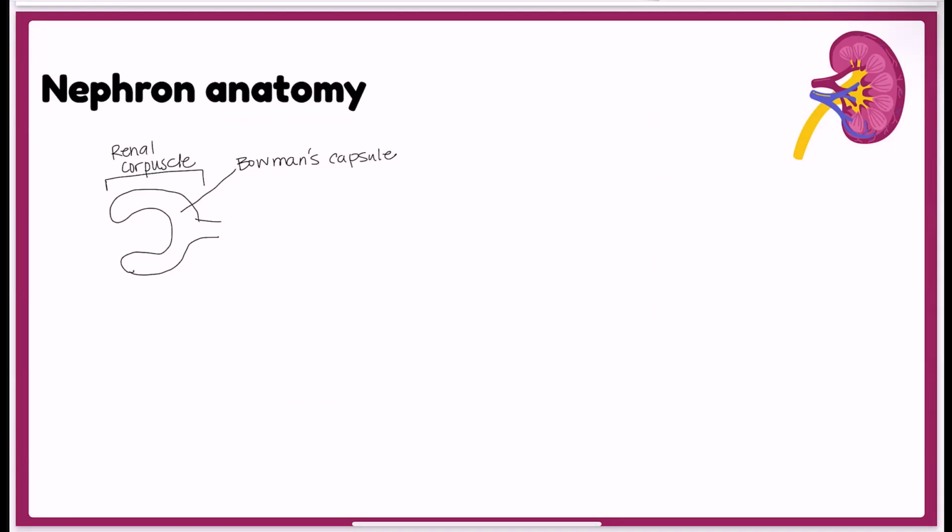And then inside of Bowman's capsule are these capillaries. And these capillaries are like a ball of yarn. Like that, a ball of yarn. And that ball of yarn is called the glomerulus. The glomerulus is just a bunch of capillaries.